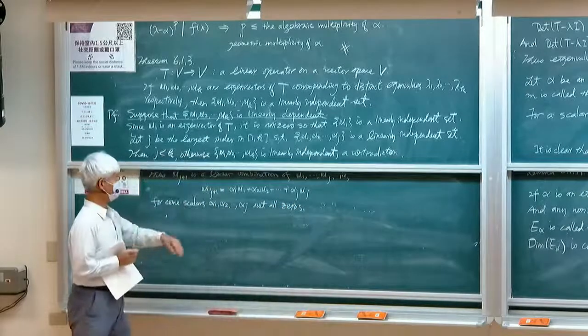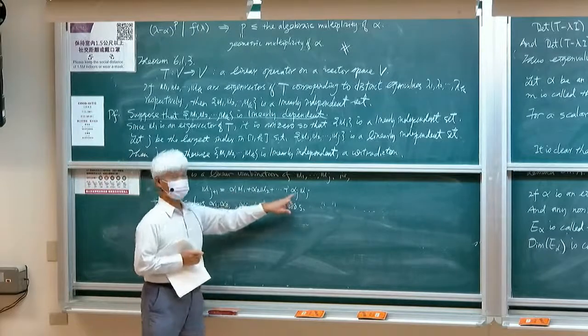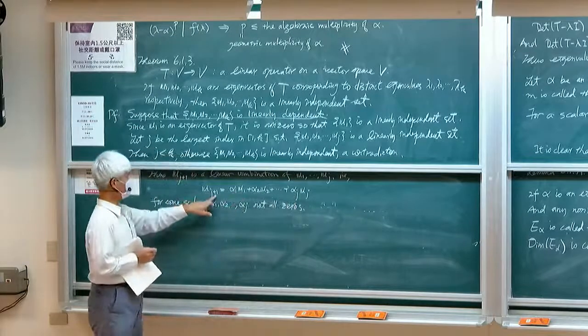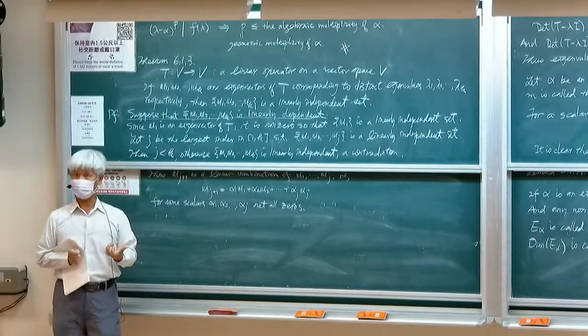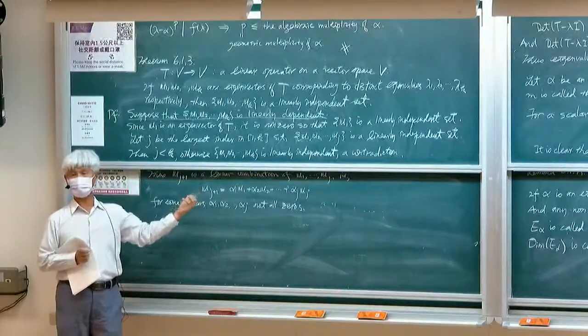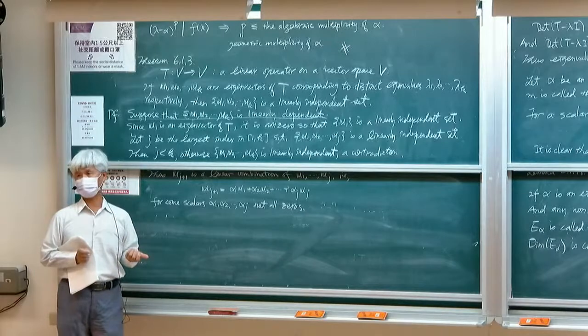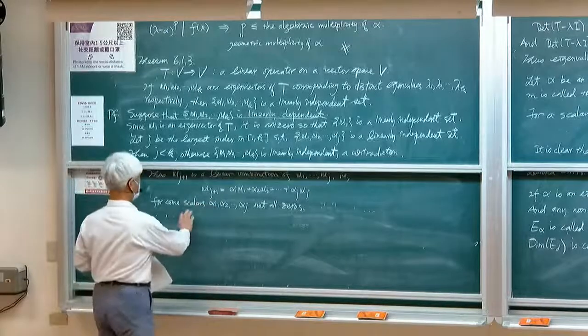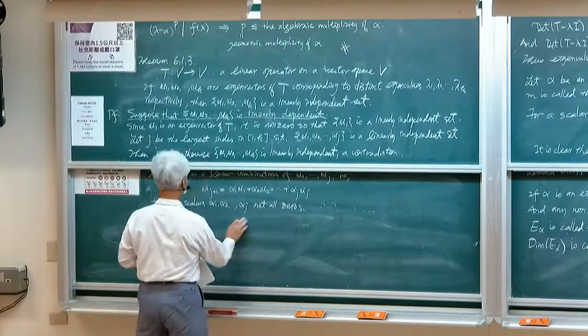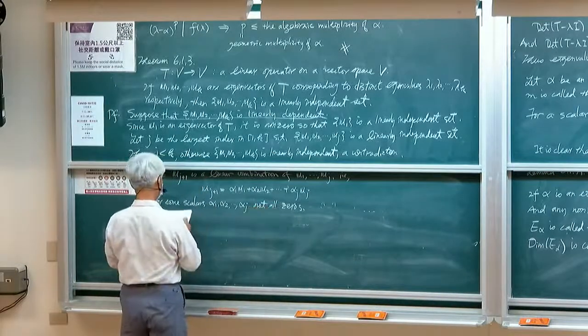Why? Because if all the coefficients are zeros, then U sub j plus 1 is the zero vector, which is impossible, because U sub j plus 1 is an eigenvector, and any eigenvector cannot be the zero vector. So the scalars are not all zero.